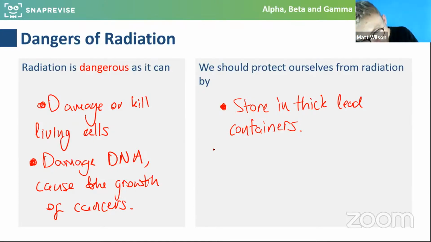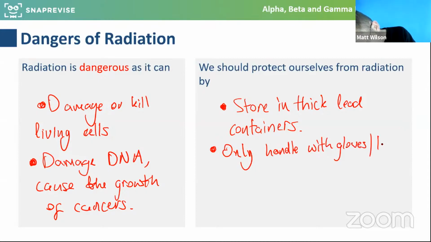Okay, now again, we don't want to handle them directly. Only handle with gloves or tongs. Anything that increases the distance between our human bodies and the dangerous radioactive source is good news. So use gloves, use tongs, or even better, use some kind of robot or machine and control it from a distance.